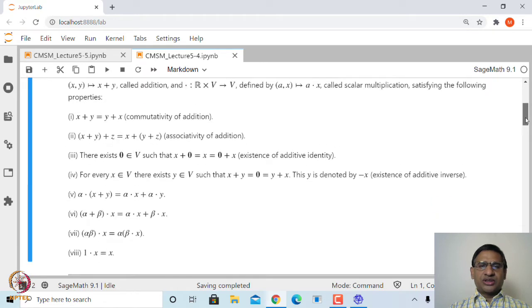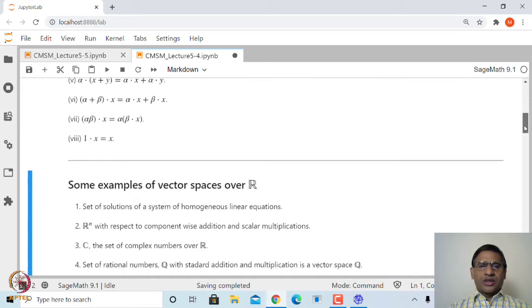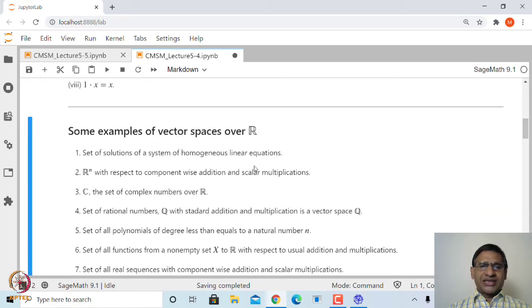Now, let me also mention some examples. If you take, for example, R itself over R, that is a vector space.